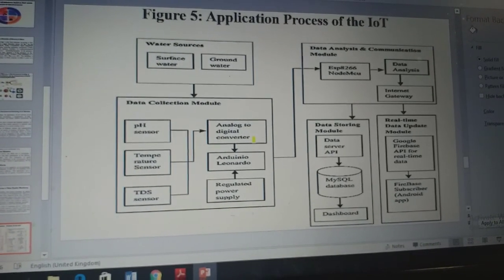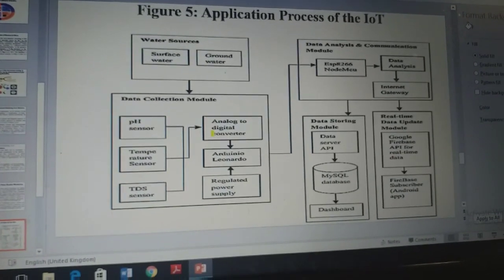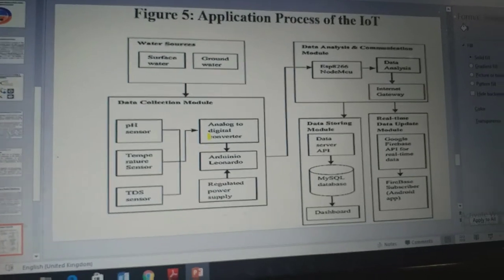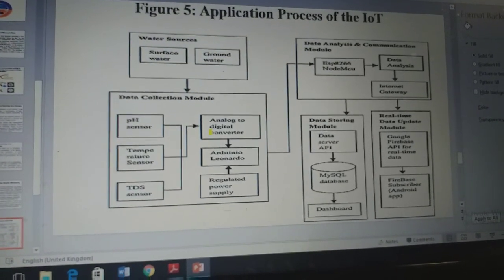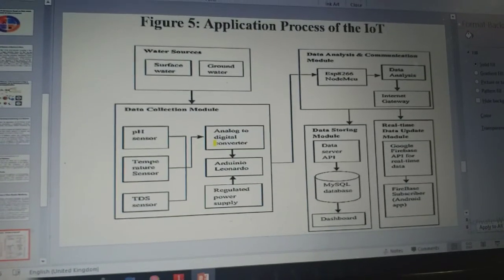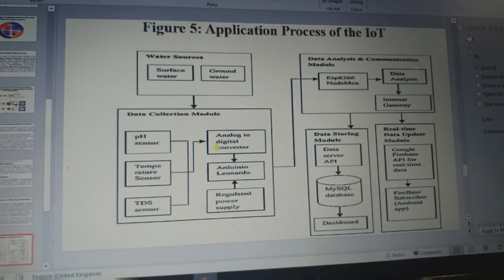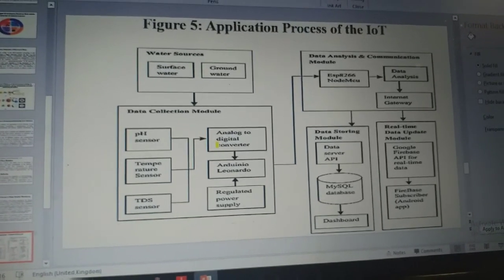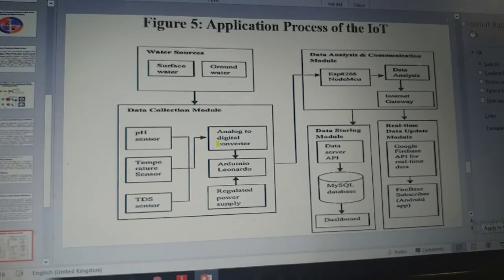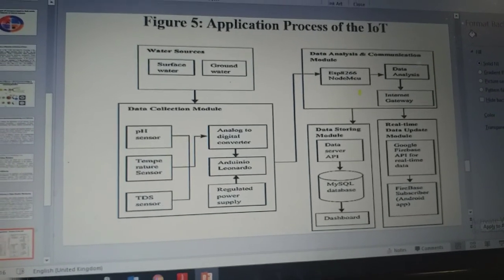It's like using an electrode. An electrode is analog; you can't automatically get any answer from it. So you have to transmit it to a digital converter, which then takes it to the data analysis, where everything is analyzed.